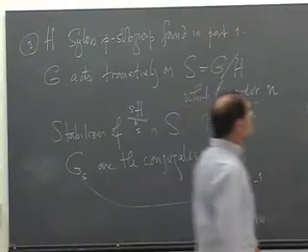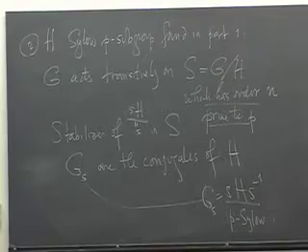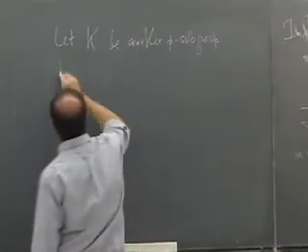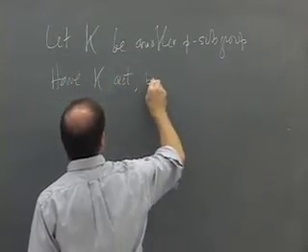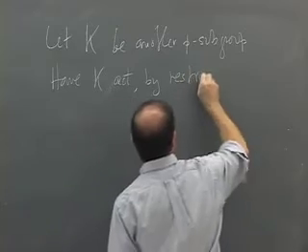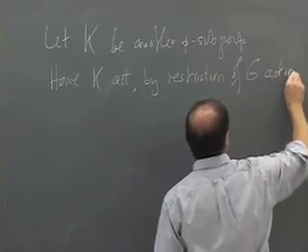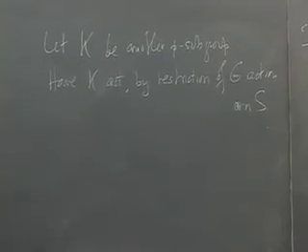And now I'm going to start with another p-subgroup, K, and have K act by the restriction of the G action on S. Namely, have K act on the cosets of H by left translation.